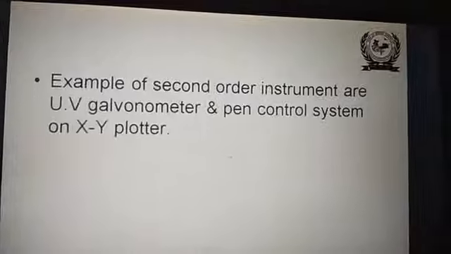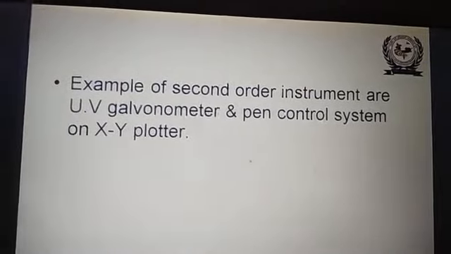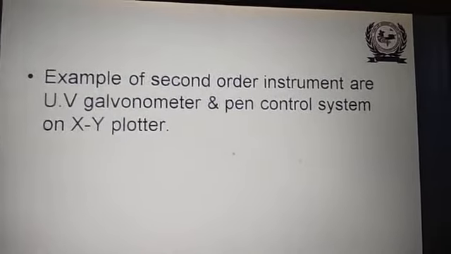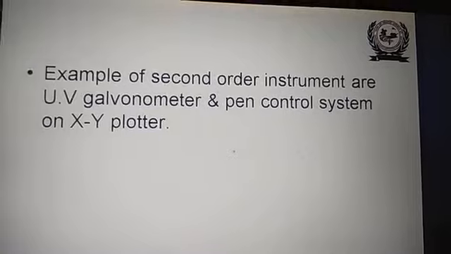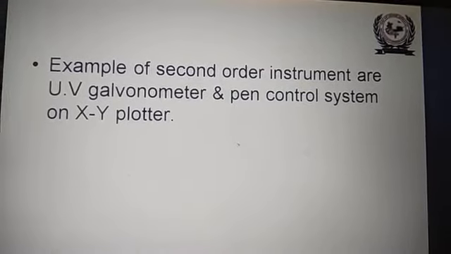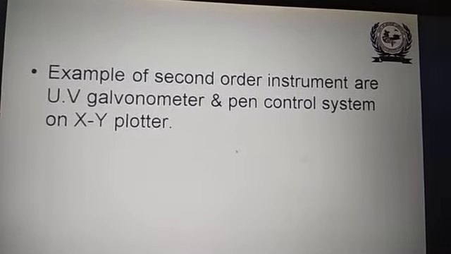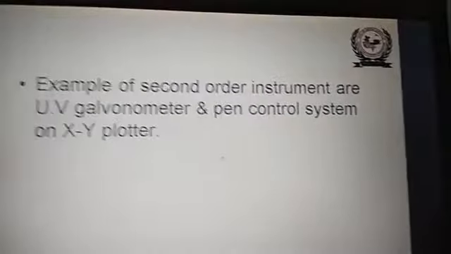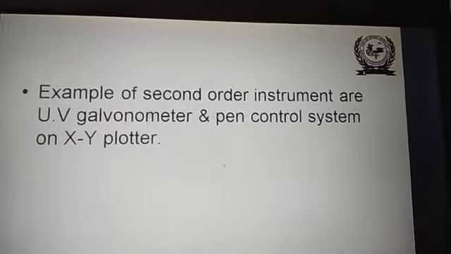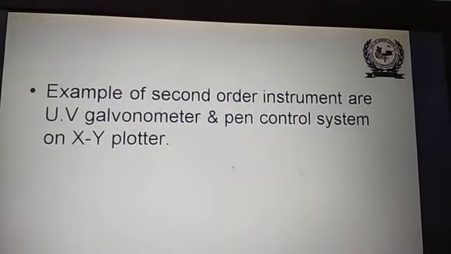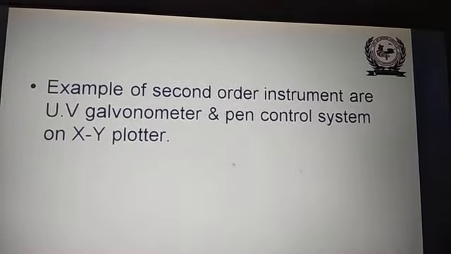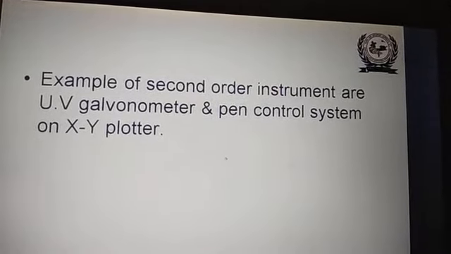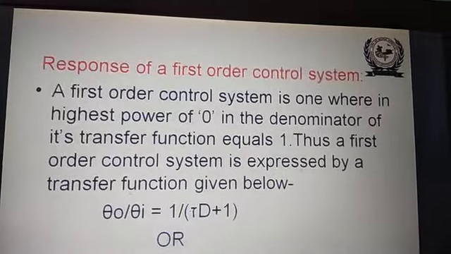Like the polynomial ax square plus bx plus c is equal to 0 is of second order, similarly any system having a transfer function with power of s equal to 2 gives a second order system. Examples of second order instruments are the ultraviolet galvanometer and the pen control system on an XY plotter.